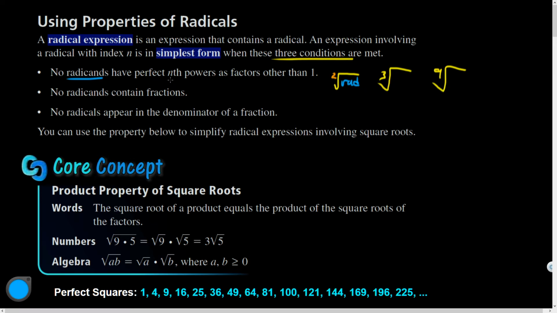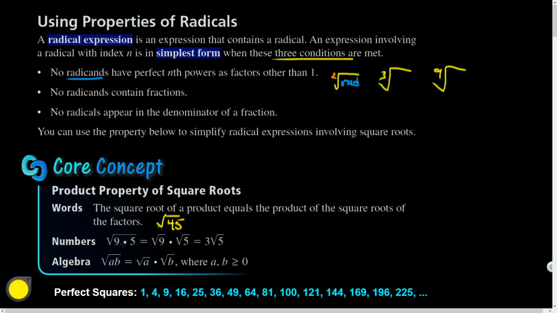The best way to look at this is down here. 9 times 5 is the same as 45, and 45 can be broken down into 9 times 5, and 9 is helpful to us because 9 is a perfect square in this case, and this is a square root, so a perfect square is able to be simplified.